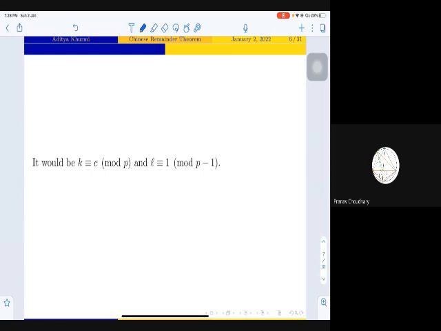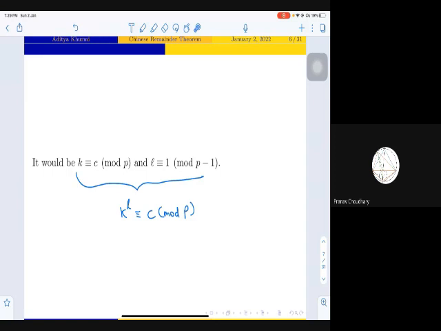So for any such pair, we would have k raised to l is congruent to c mod p. So do you guys agree with this? Yes.